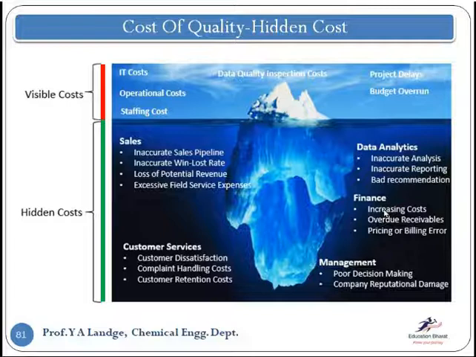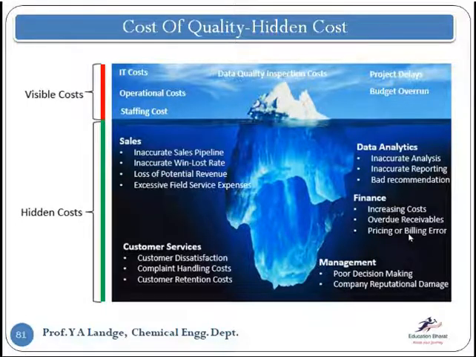Okay, when you talk about finance: increasing cost, overdue receivables, pricing or billing errors. This also comes under the hidden cost. Cost of quality means that obviously when our system does not work properly, it will impact each and every sector.